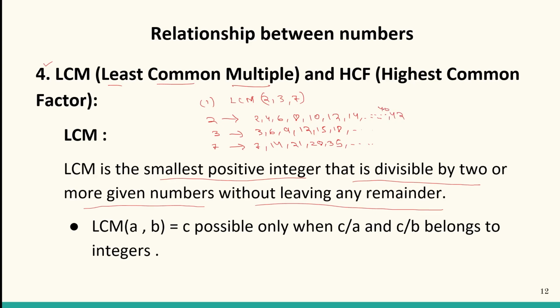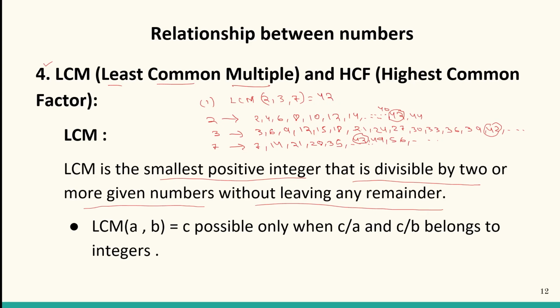For 2 it goes up to 40, 42, 44, and for 3 it is 21, 24, 27, 30, 33, 36, 39, 42, and so on. And for 7 it is 42, 49, 56, and so on. So 42 will be the least among these, the least common multiple. So the answer will be equal to 42.